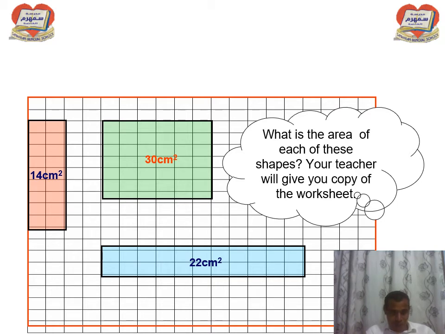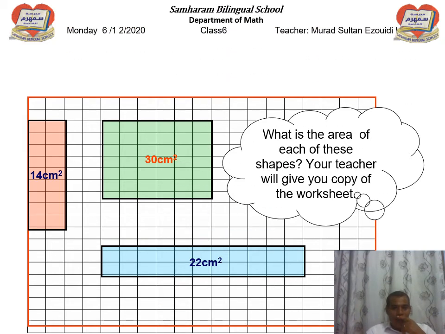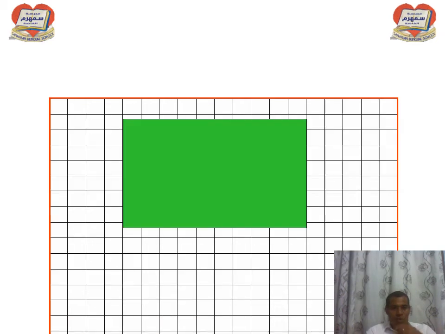It will be 14. If we complete, it will be 18. And here the area of this rectangle is the width multiplied by the length. 5 multiplied by 6 gives 30. And here 11 multiplied by 2 gives 22 centimeters squared.